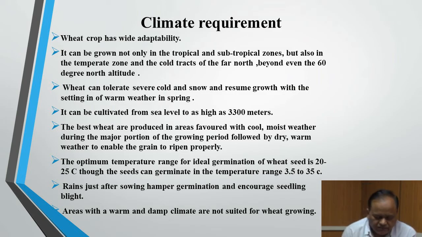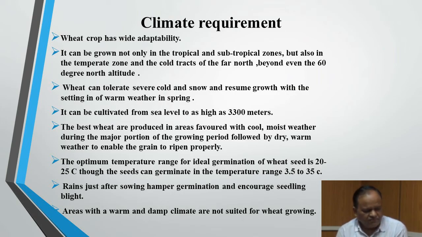Although wheat has wide adaptability, it can be grown not only in the tropical and subtropical but also in the temperate zone like in Europe or Russia or in China. Wheat can tolerate severe cold and snow and resume growth with the end of the severe cold or coming of the spring.